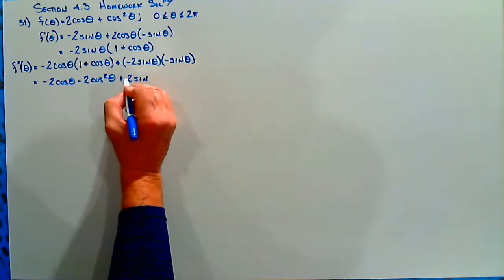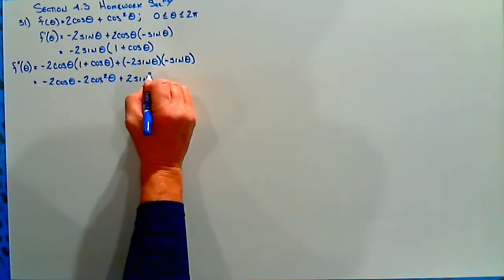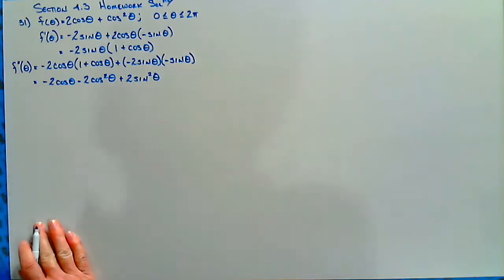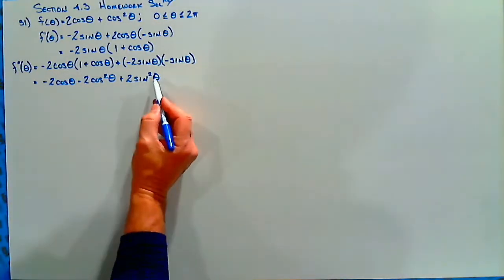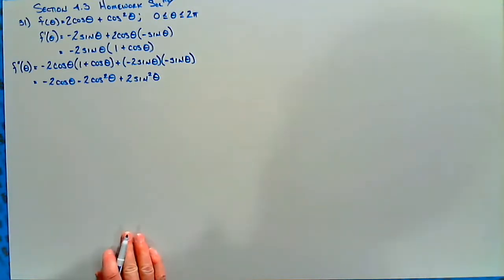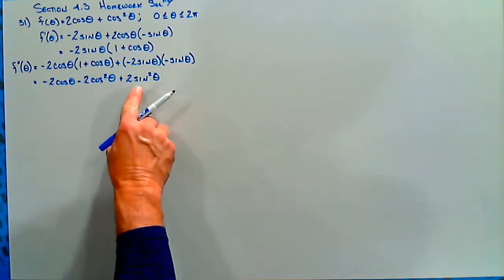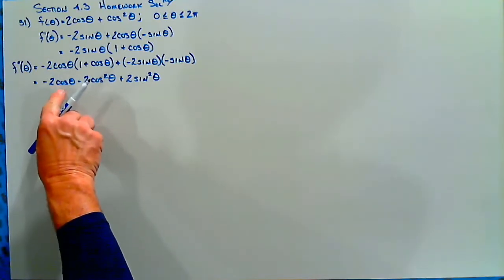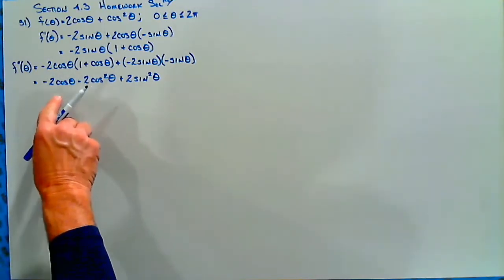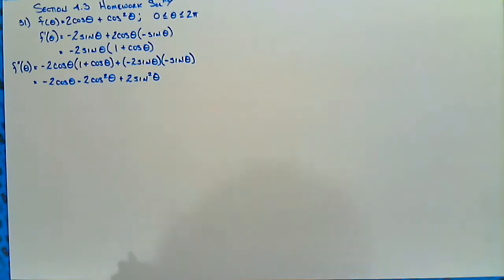Oh, I'm sorry, that would be plus, negative times negative, sine squared theta. So from here, we can rewrite this sine squared as 1 minus cosine squared. The reason for that is we have a cosine squared and a cosine. And remember, we want to be able to factor these derivatives. The sign test is easiest if we have factorable derivatives and second derivatives.